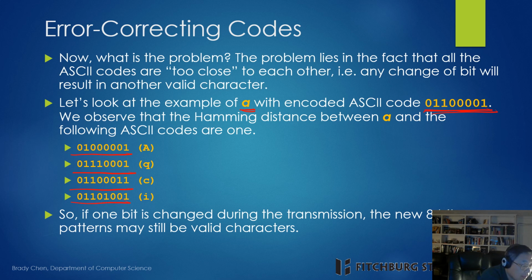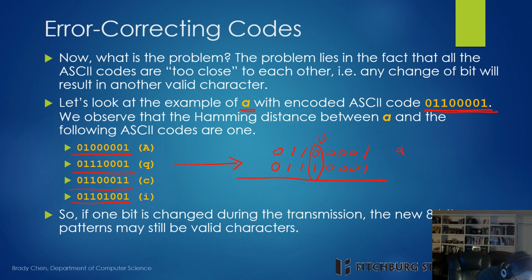Now let's check, for example, the distance between this one, which represents a q, and a. We find this is the only distinct bit, and all the corresponding bits are the same except for this one, right? So the Hamming distance is 1.